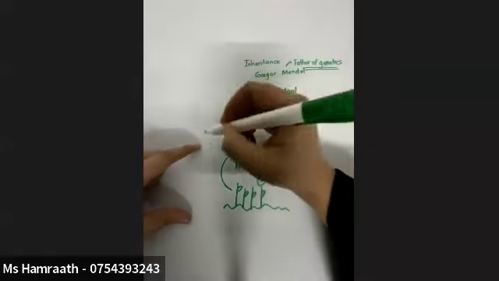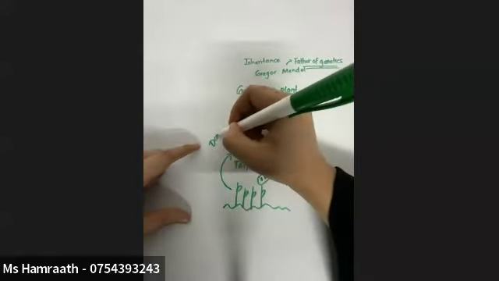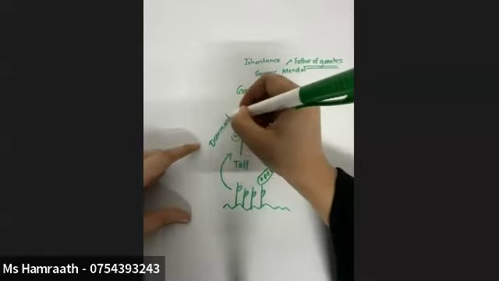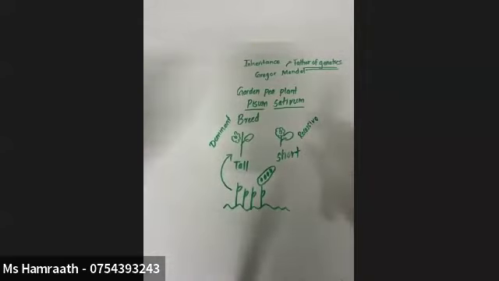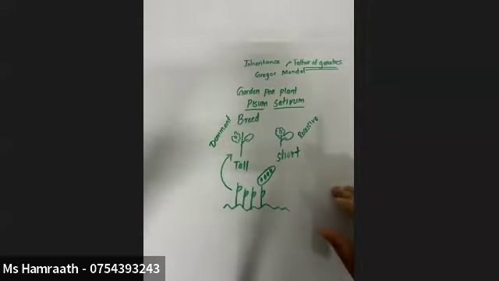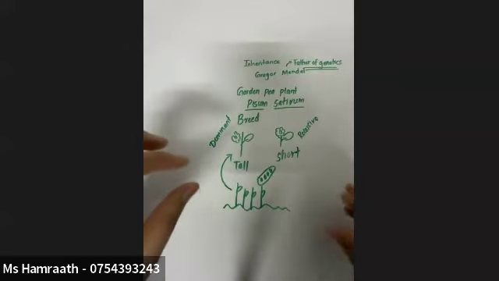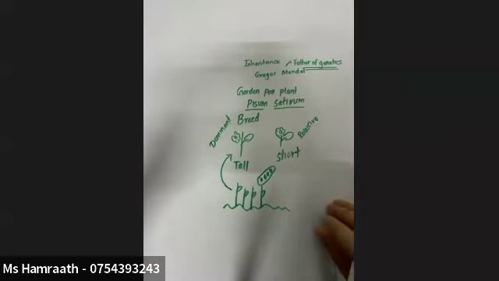Very good. The tall plant characteristic is dominant. Then the short plant characteristic is considered recessive. Now just think, will the short plant's characteristic disappear? No, it will not disappear.